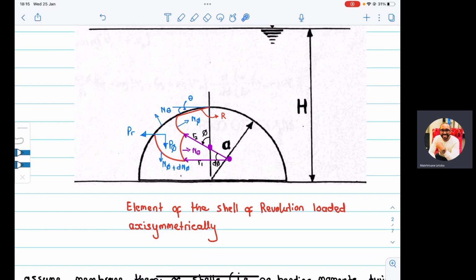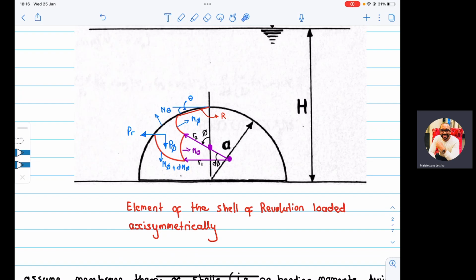And then if you look at R1 and R2, we'll start with R1. R1 is the principal radius of curvature of the shell at any given point.